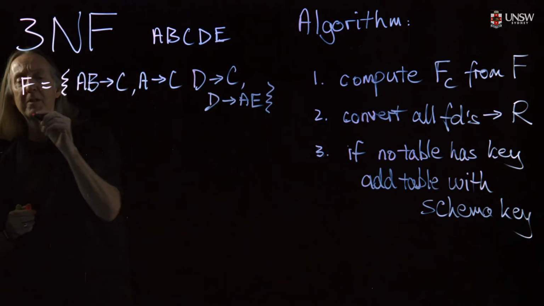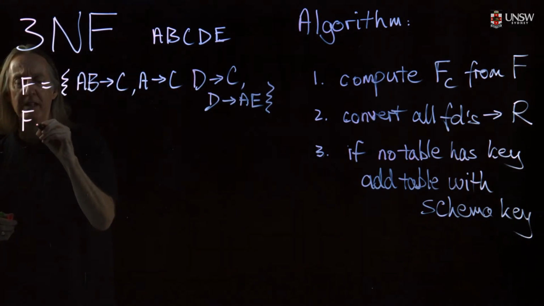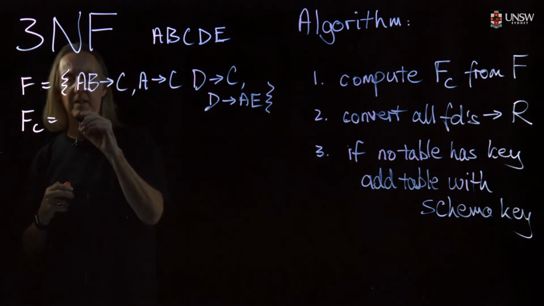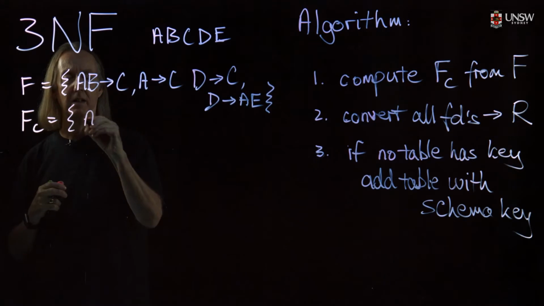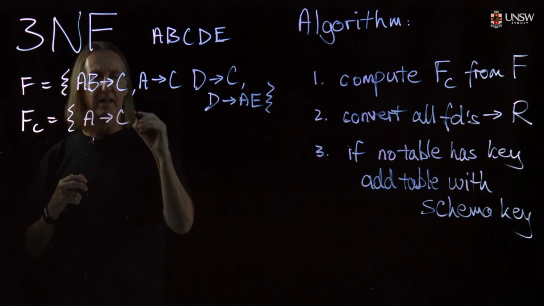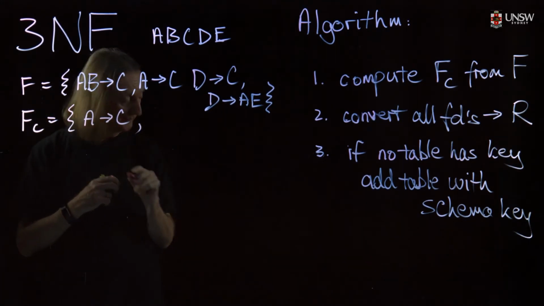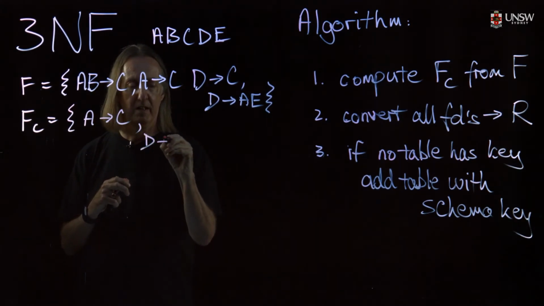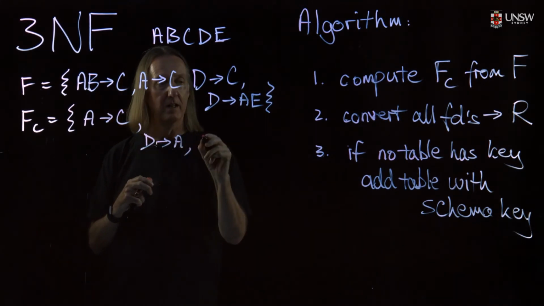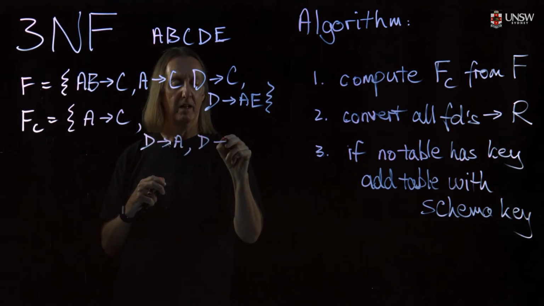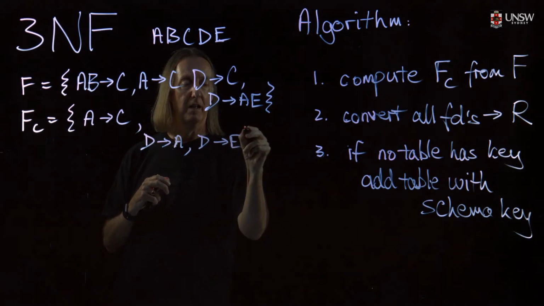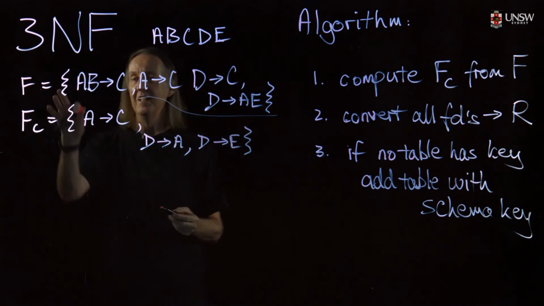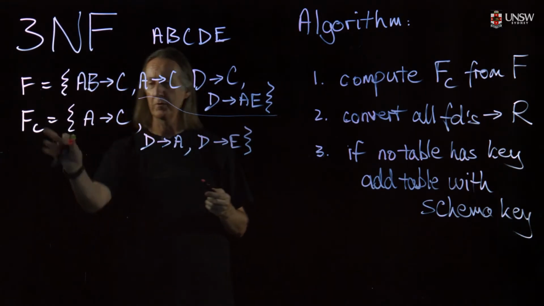Now we can compute a minimal cover. I'm not going to go through all the steps for that. But it ends up being A determines C. Hopefully that's not confusing. That's our original set of functional dependencies.